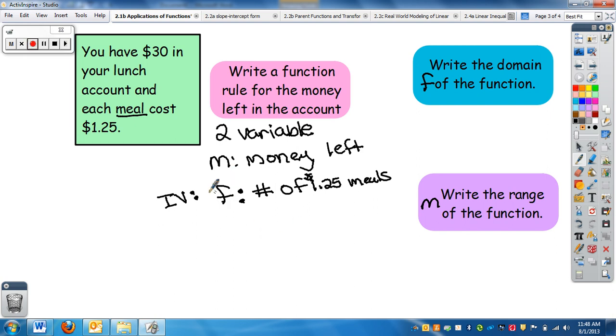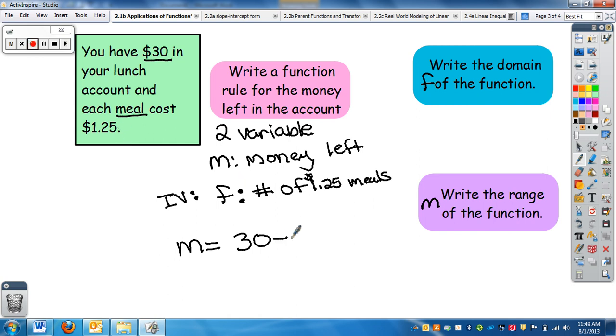So let's think about here. I'm writing for how much money I have left. So M, if I was trying to calculate how much money I have left, I know I have $30. So I have $30. Now, would that go up or down based off if I bought meals? So if you think of your lunch account, every time you buy meals, the school does not give you $1.25.